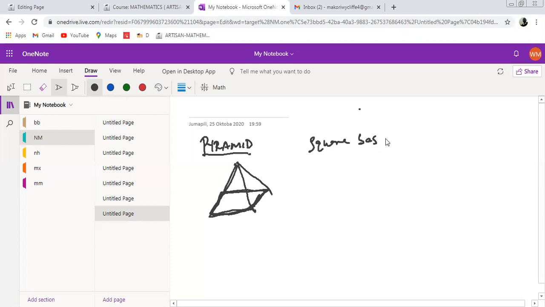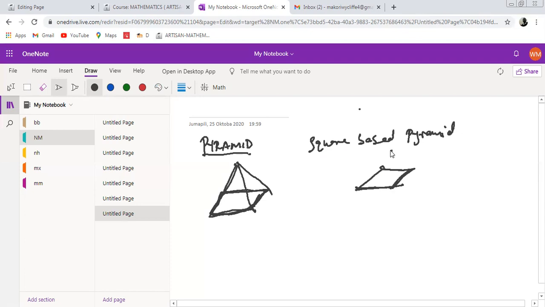So let us talk about the square based pyramid. The square based pyramid simply means that the base of that particular pyramid is a square, meaning that all these four sides are the same.